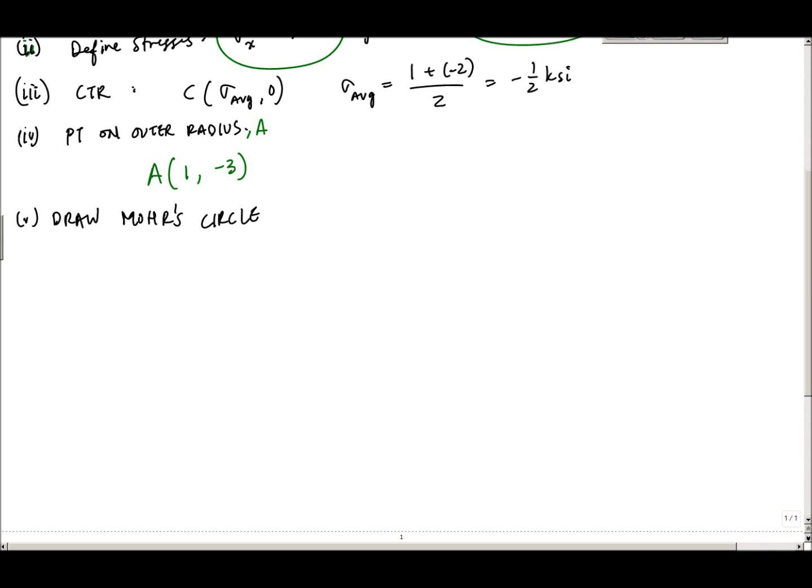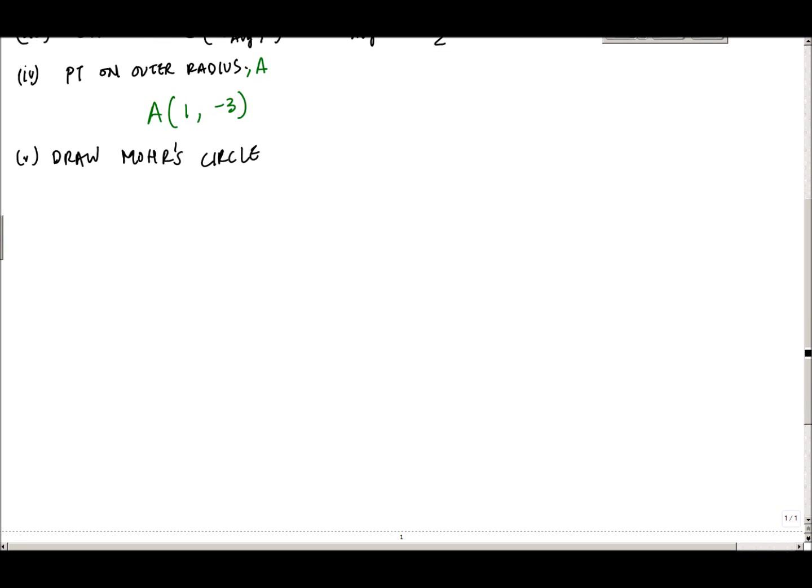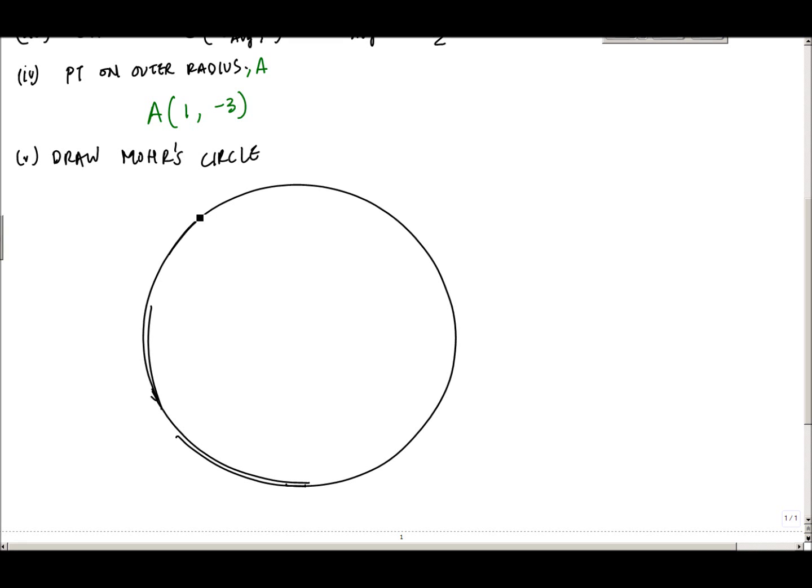If you have a nice little coffee cup cap or something, it's a useful, handy tool to draw a nice, clean circle. So I'm going to draw the circle first. Sometimes you don't even need to draw the circle, but in this case I'll draw the circle first, right here, so that I have a nice-looking circle. And the center of the circle is right about here, so I'll draw my horizontal axis.